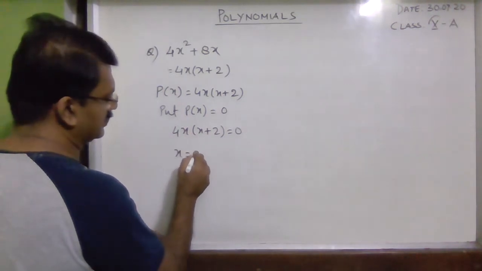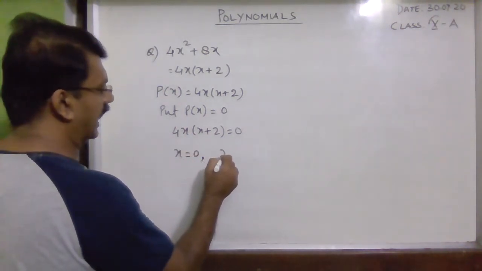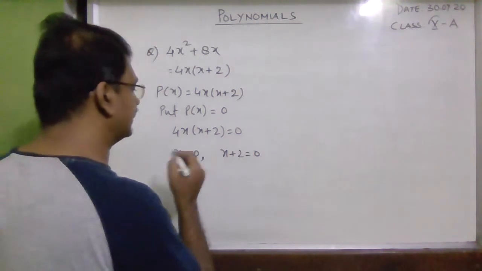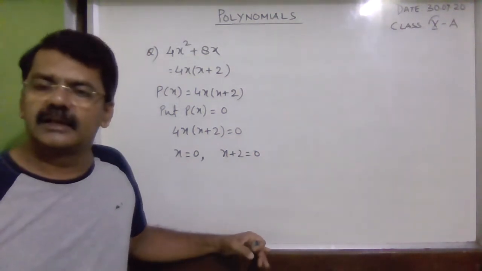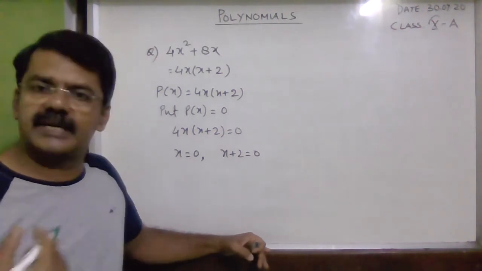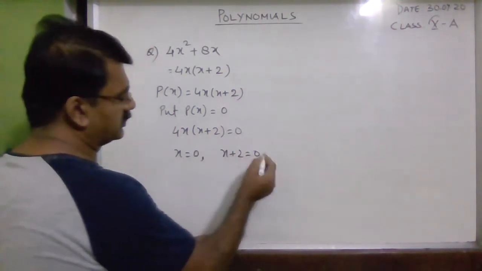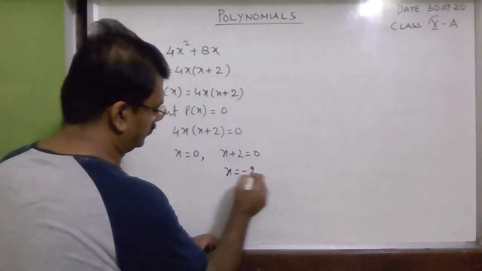So either x is 0 or x plus 2 is 0. If x is 0, that means the first zero is 0, and if x plus 2 is equal to 0, then x is equal to minus 2.